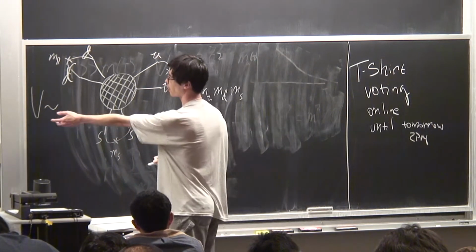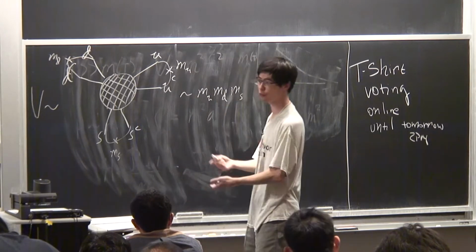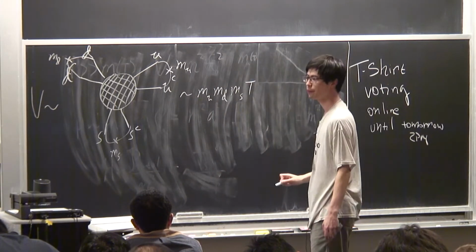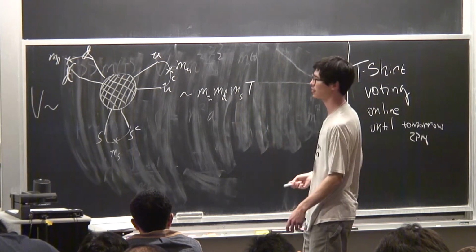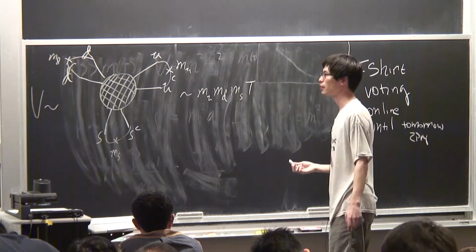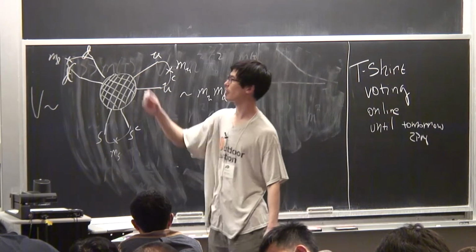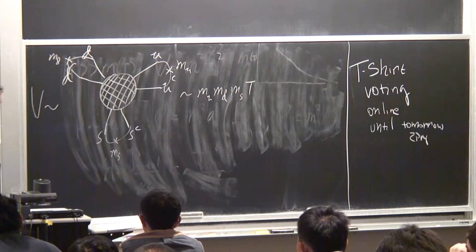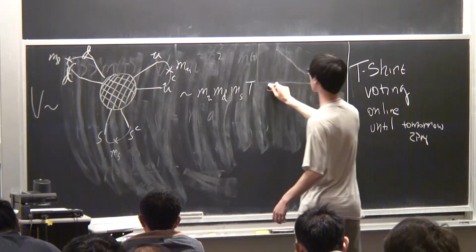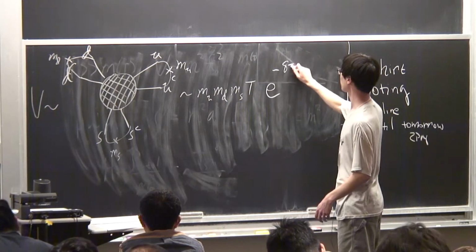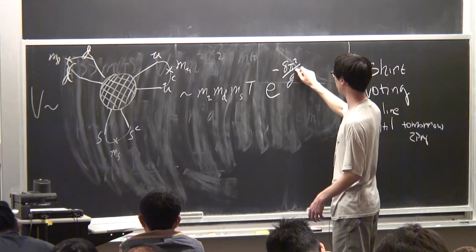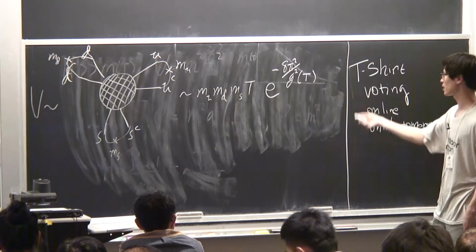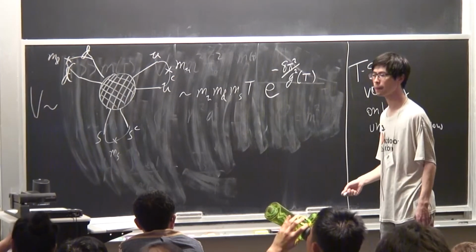Your potential, your energy, has dimension 4. So the only other scale in this problem is your temperature. By dimensional analysis, it has to scale like that. And as I mentioned before, instantons have an exponential suppression, so it is also exponentially suppressed with e to the minus 8 pi squared over g squared evaluated at the temperature. The RG scale is going to be the temperature.